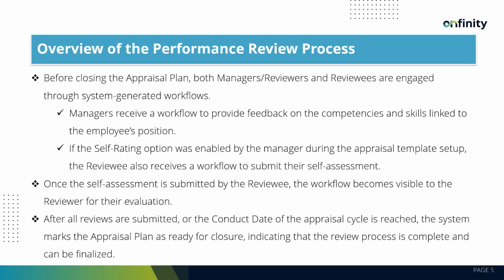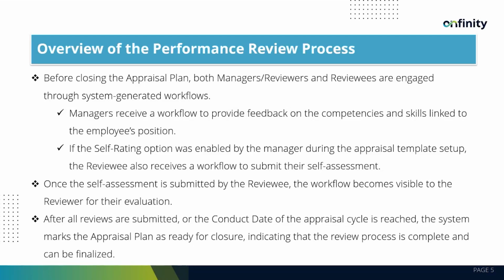Once the self-assessment is submitted by the reviewee, the workflow becomes visible to the reviewer for their evaluation. After all reviews are submitted, or the conduct date of the appraisal cycle is reached, the system appraisal plan is ready to close. This indicates that the review process is complete and can be finalized.